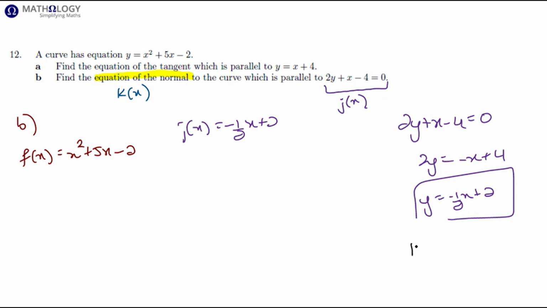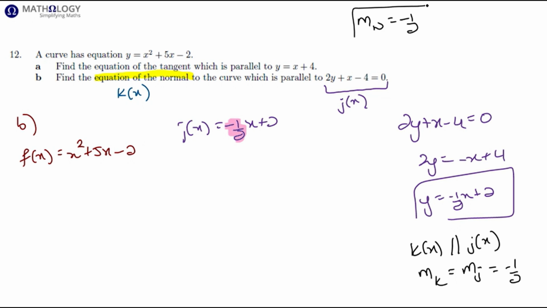In other words, k of x is parallel to j of x. That means the gradient of k equals the gradient of j. That's why we put j of x into standard form, because the gradient of j is minus a half. So the gradient of k, the gradient of the normal, is going to be minus a half.